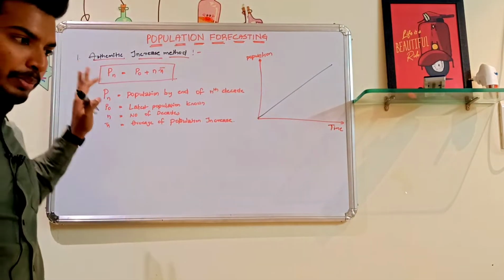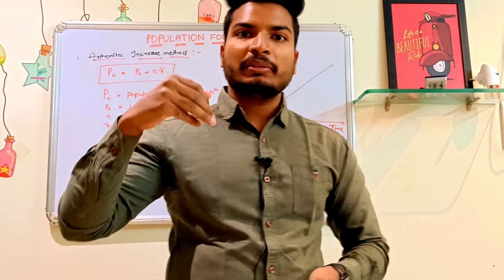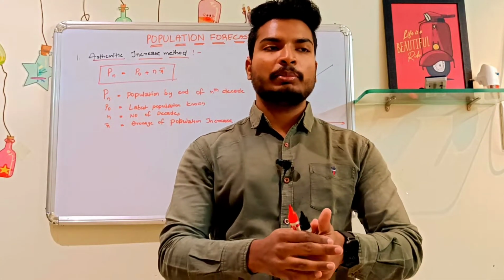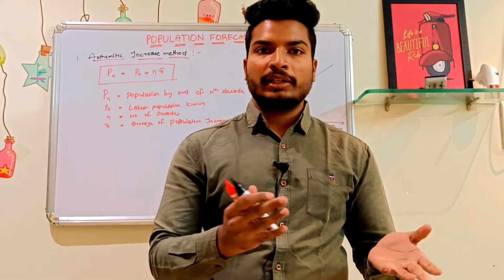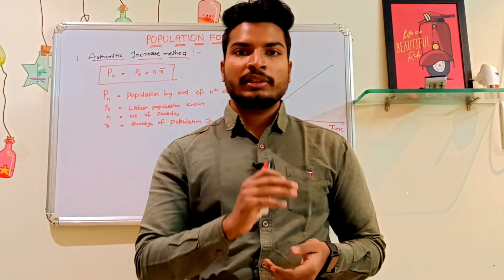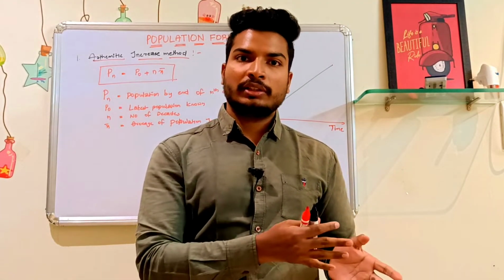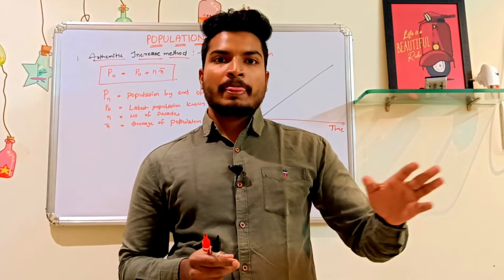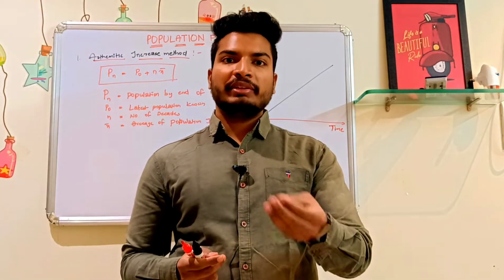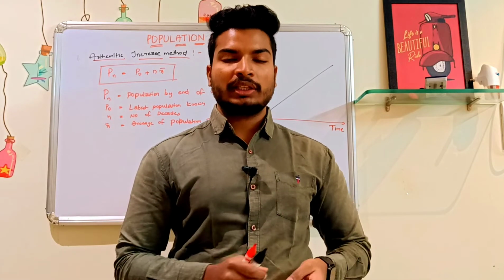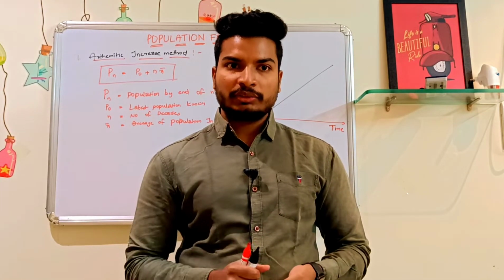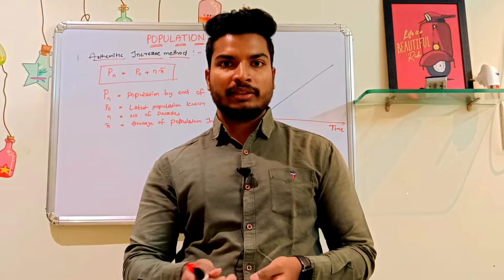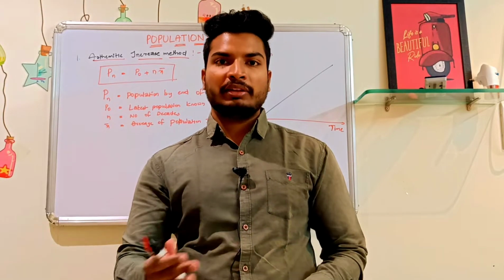So here Pn is the population that we need to find out in the future. For example, we know the Indian census. Every 10 years, the government of India takes the population census. Right now the previous data available is the 2011 census data, and the 2021 census data is going to be available very soon.